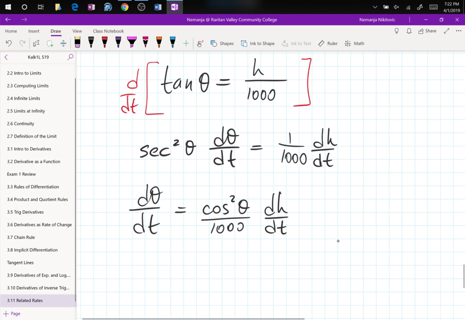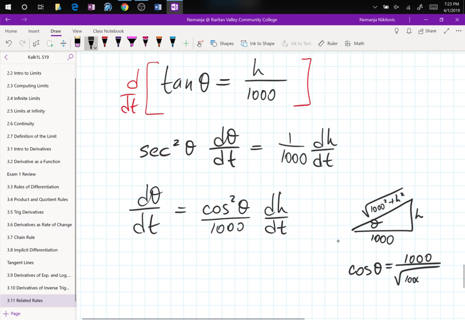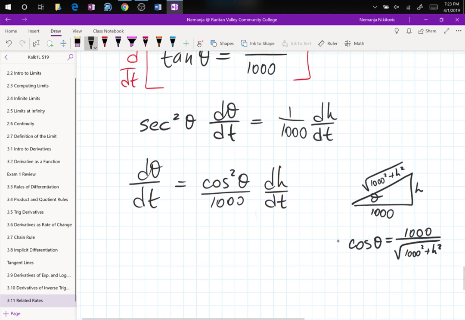All I have as a raw input is the height of the rocket. So in my triangle, with 1000 and the height, my cosine theta is 1000 divided by the hypotenuse, and the hypotenuse is the square root of 1000 squared plus h squared.